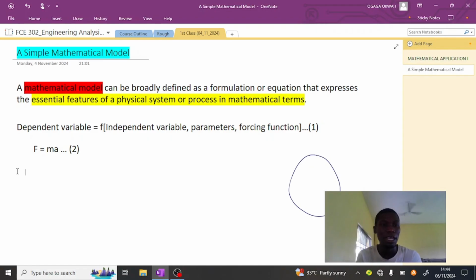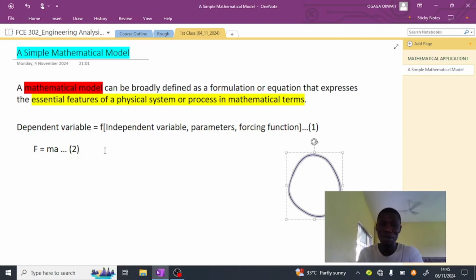The first thing we have there is the dependent variable, which we've said reflects the behavior or states of a system. So this is our system here. Now, what can reflect the behavior of this system or its states from equation 2?